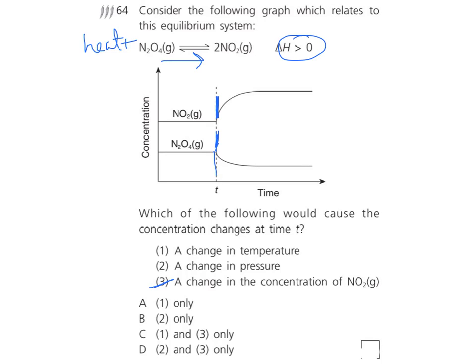Or if we raised the volume of the container, we would have lowered the concentrations, and there would have been drops just like that in concentration. We don't see that kind of change, so there was no change in pressure. The best explanation is simply a change in temperature. In fact, we must have heated the system up because we were driving the equilibrium forwards to make more NO2. So choice A is the best answer here.